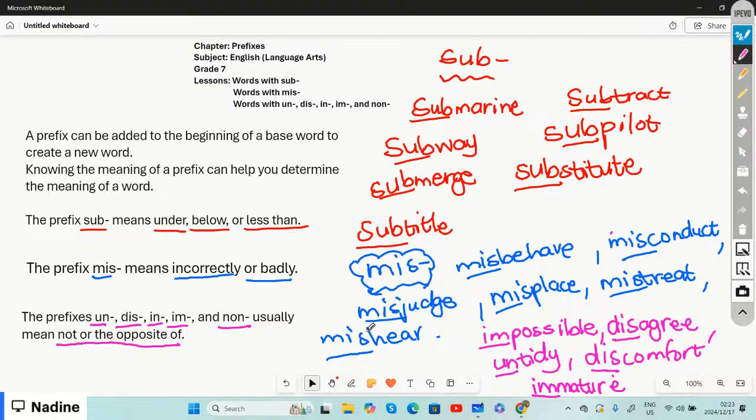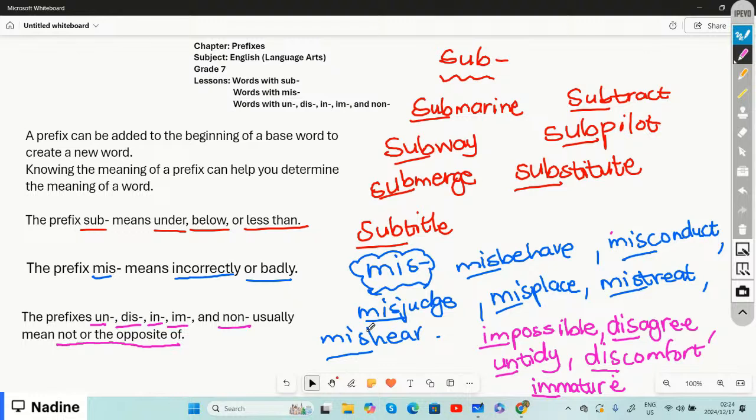And if we were to look at all of those words, those are examples of prefixes: prefixes with sub, prefixes with miss, and prefixes with an, dis, in, im, and non. The meaning of our prefix sub either means under, below, or less than.